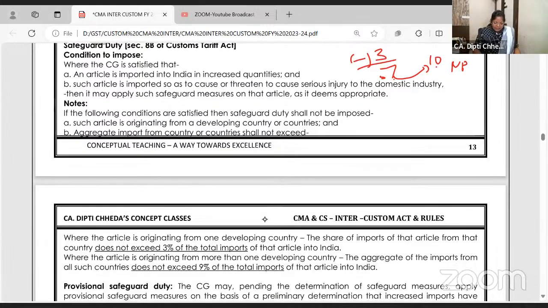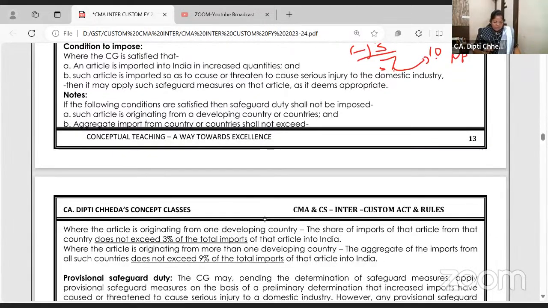Safeguarding duty is charged on all the countries' imports, provided this condition is satisfied. There are conditions wherein the safeguarding duty is not chargeable: if the import of that article from that country does not exceed 3% of total import, for a developing country, not a developed country.